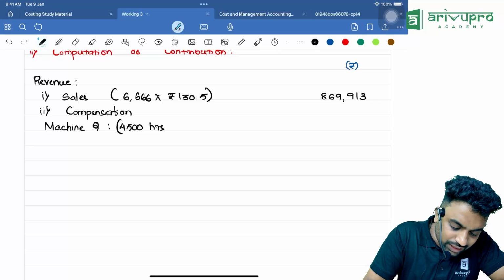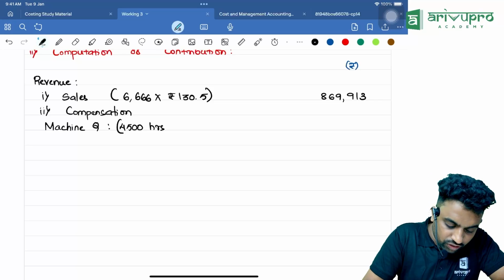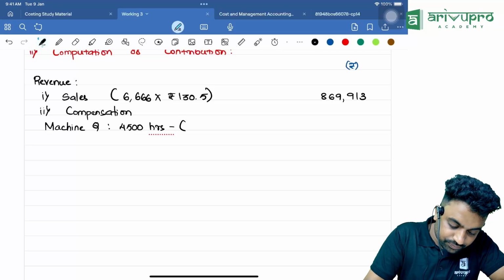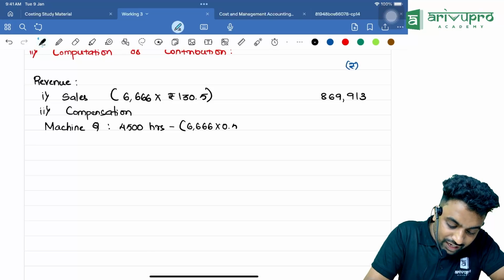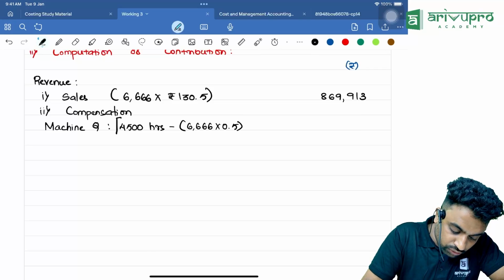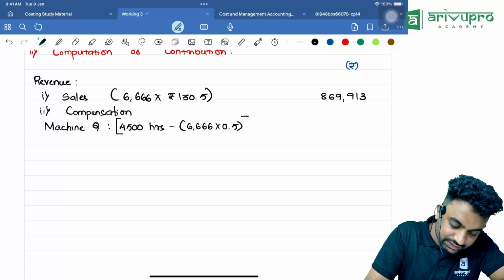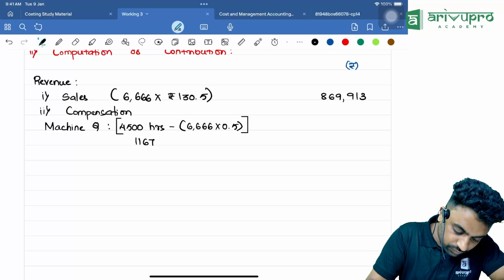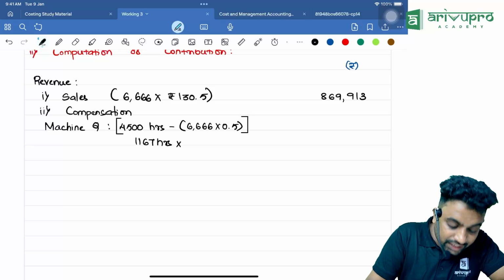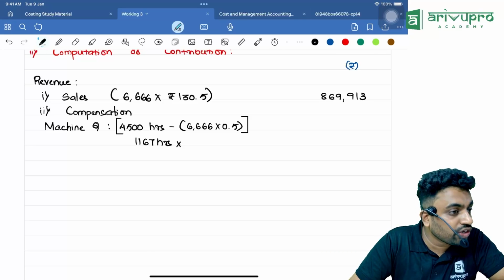In that, how much did we actually utilize? 6,666 units utilizing 0.5 hours. May I know the unutilized machine hours, please? 1,167 hours are unutilized.